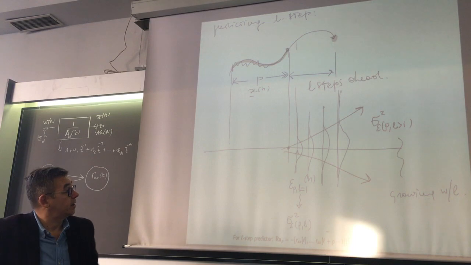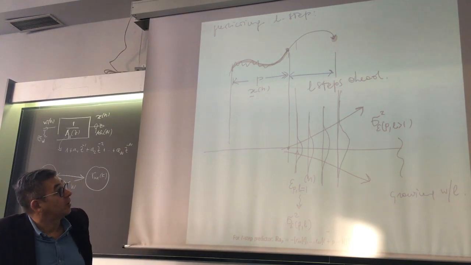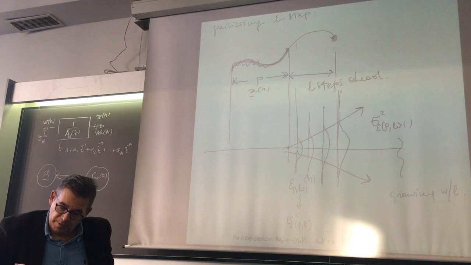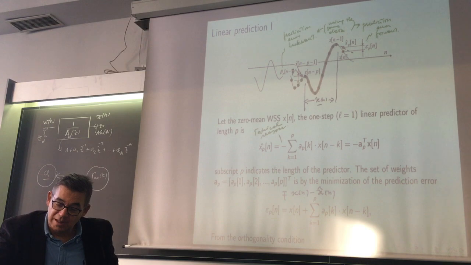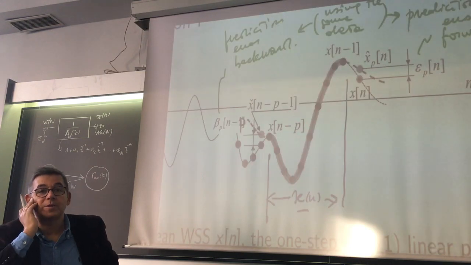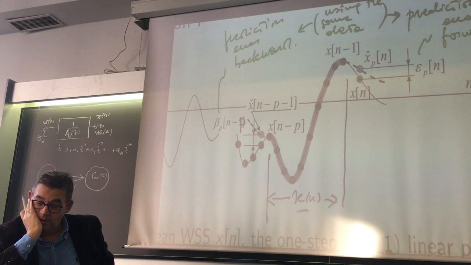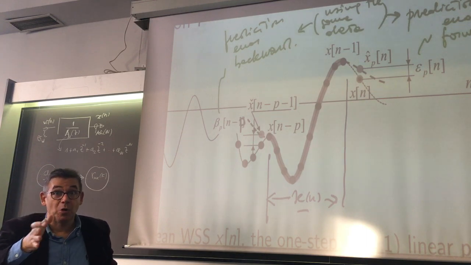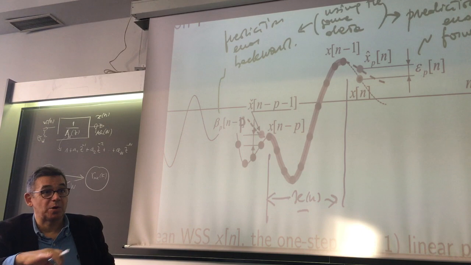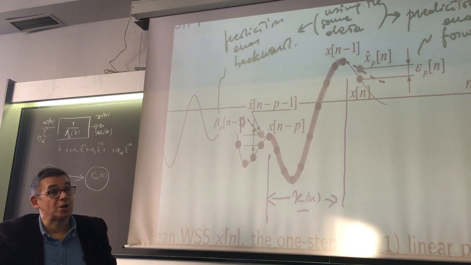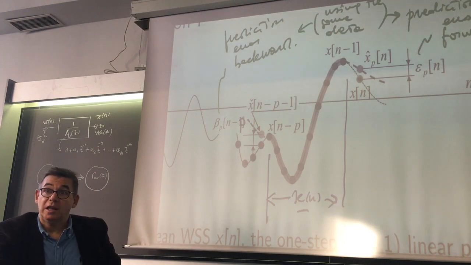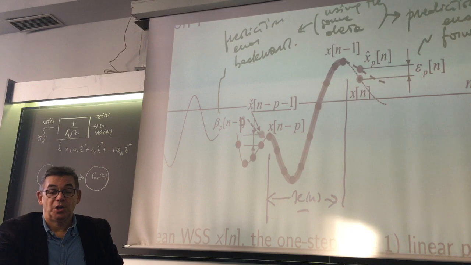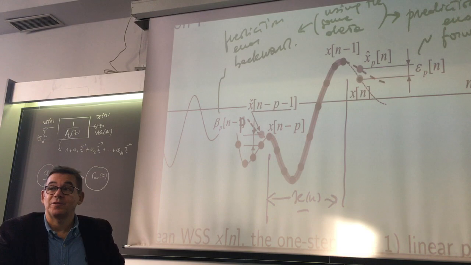Then you have the formula for the predictor. Let's see again. I was telling you the story of forward prediction and backward prediction. In our course here, we will not use the property of the backward prediction. The second comment is the following: if you want to calculate a linear predictor in a real case, you cannot do it as we were discussing about adaptive processing.